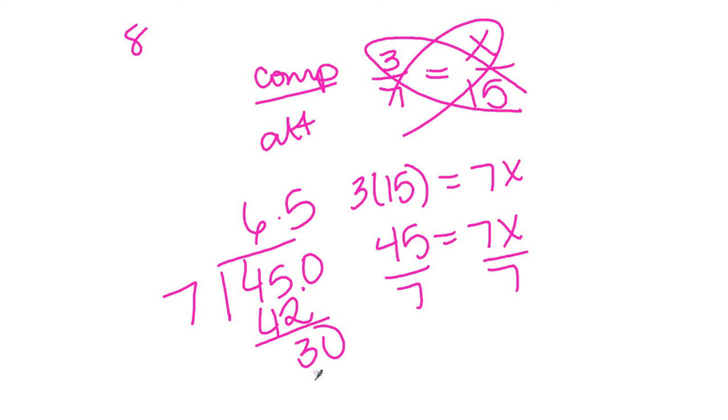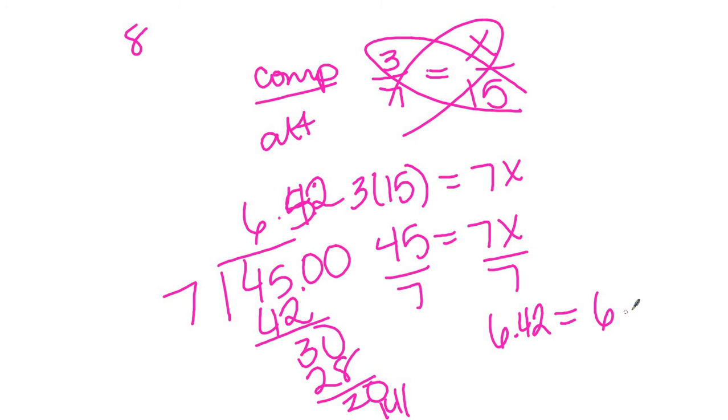That's going to give me 6.4. And then I could keep going and add zeros, and it's going to give me about 6.42, and then again I could keep going from there. But if I'm rounding to the nearest whole number, 6.42 rounds to 6 free throws.